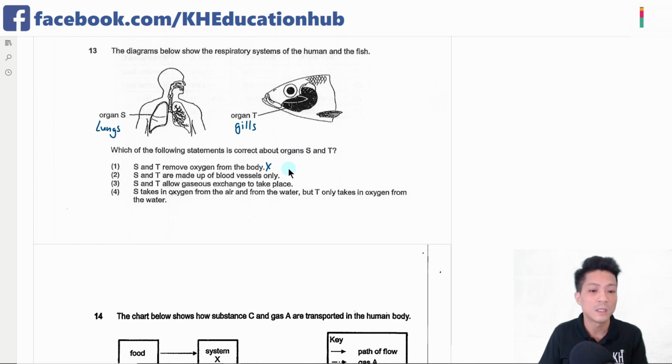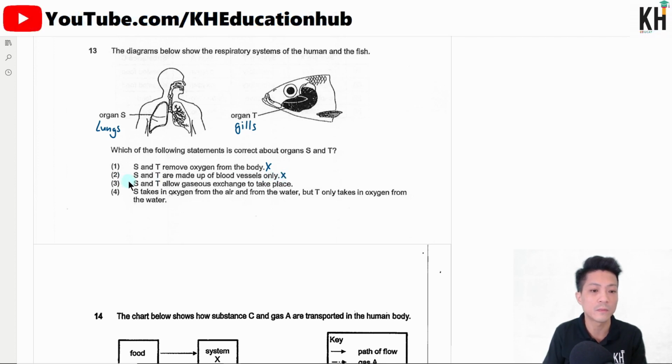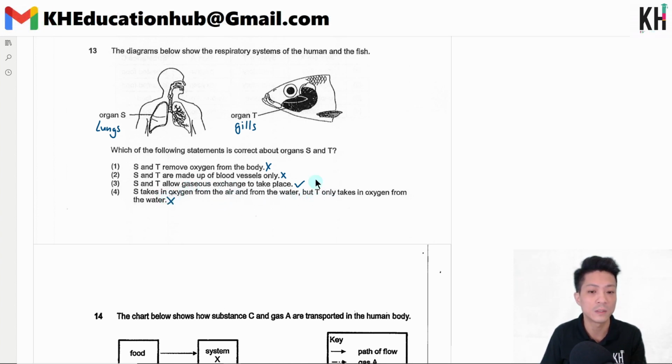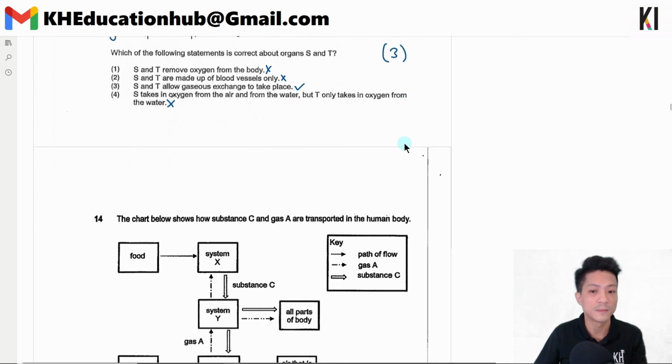No. S and T are made up of blood vessels only. Probably not also. S and T allow gaseous exchange to take place. Yes. S takes in oxygen from the air and from the water. No, S cannot take in oxygen from the water. So the answer is number 3.